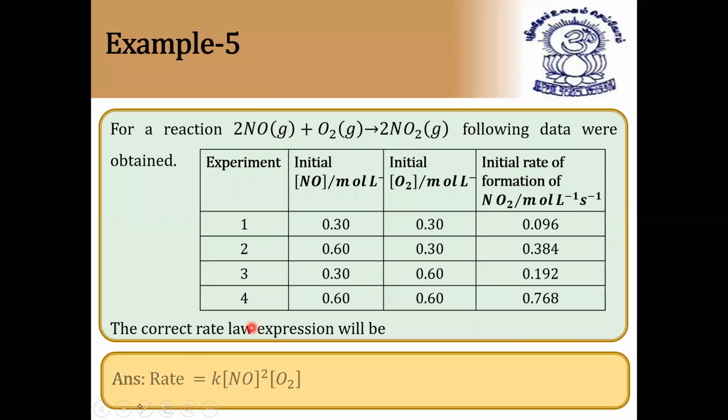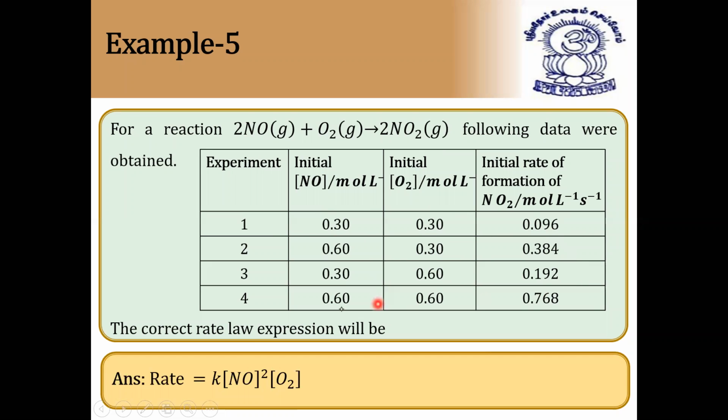Let us check the answer. As we did, rate is equal to K into the concentration of NO taken twice, because by keeping oxygen concentration constant, if the concentration of NO is doubled, the rate automatically increases 4 times. So that's why it is NO square. And for O2, since 1 and 3, by keeping the concentration of NO constant and doubling the concentration of O2, the rate also doubles, 0.096 to 0.192.